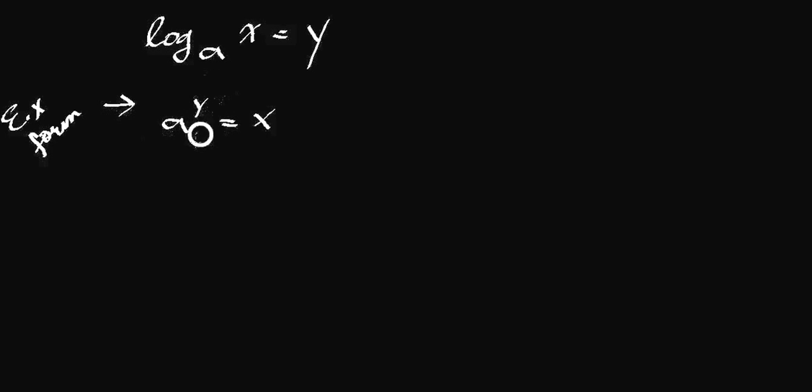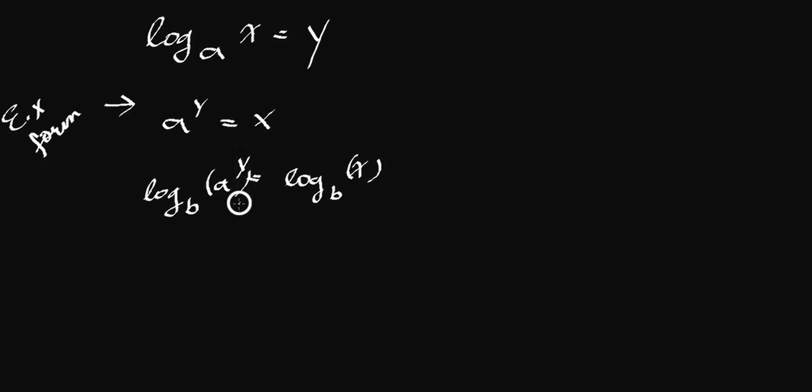Well, you would just take the log of each side. You take the log base B, right? We're very general in this video. Log base B, some base, of A to the y equals log base B of x.